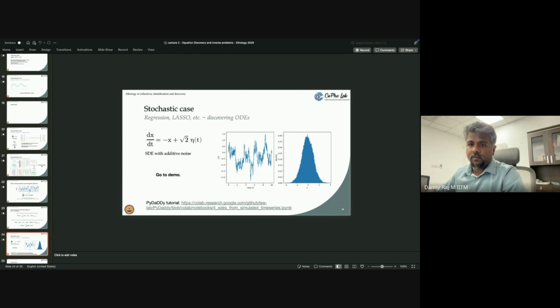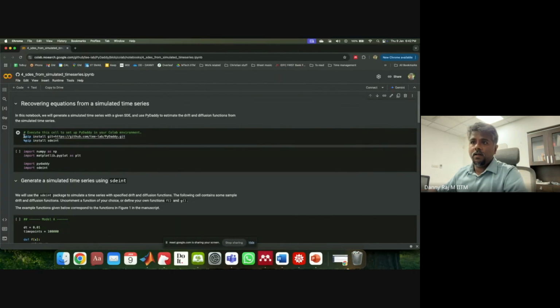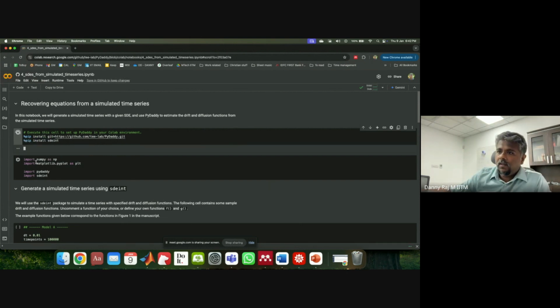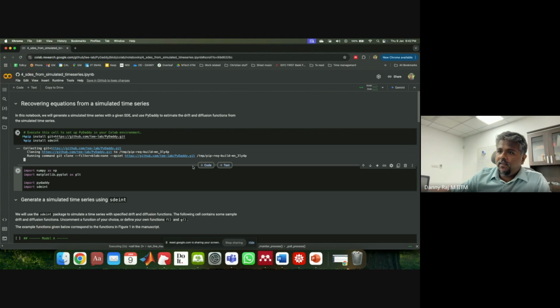Let's just do one of these. All right. So this is another Colab file. You're first connecting and then installing the package there, and then import all the functions that we need.